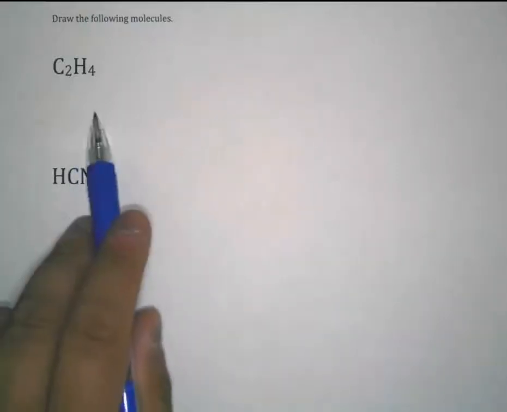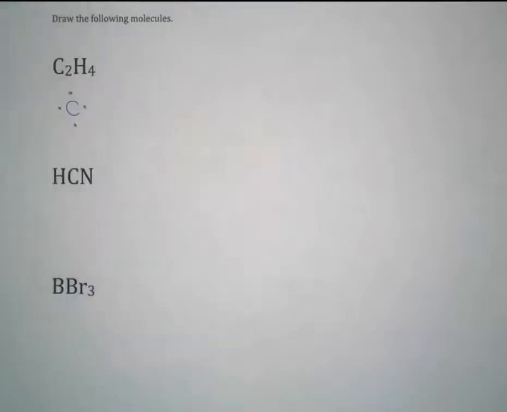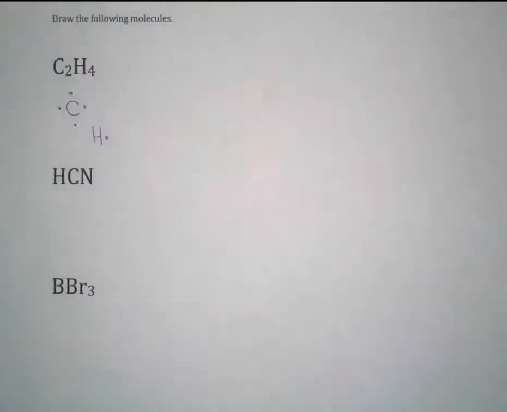In C2H4, C has 4 valence electrons and H has 1 valence electron. C can make up to 4 bonds, H can make up to 1 bond.